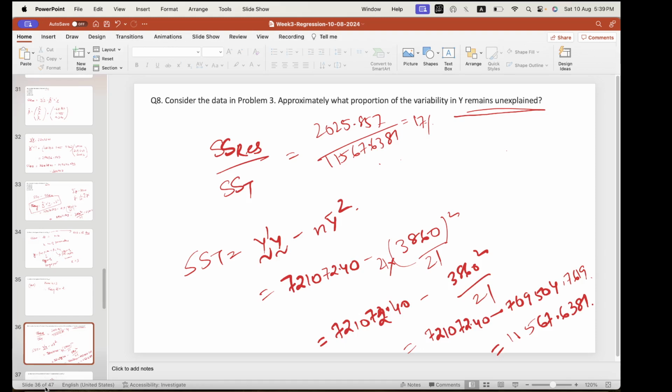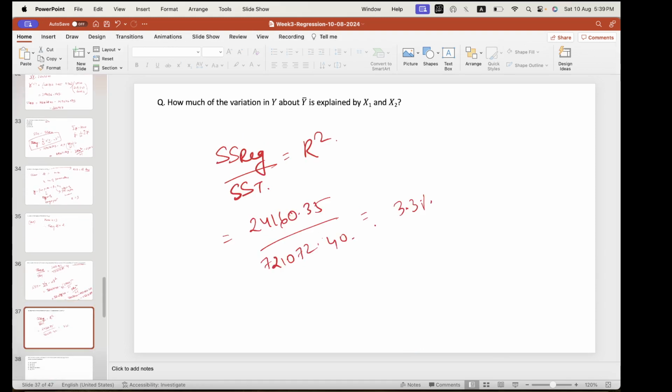Okay, and this will make up for the remaining 100 minus 17%. So it would take up 83%.